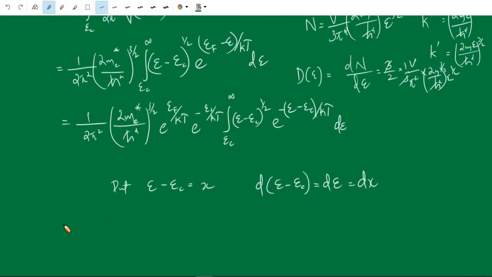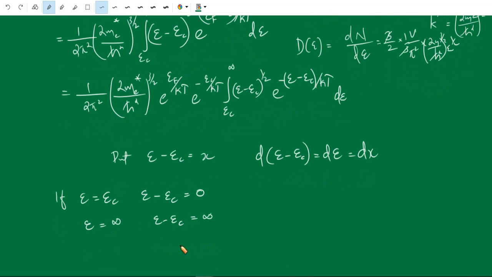If E equal to EC, lower limit, then E minus EC is equal to 0, and if E is infinity, then E minus EC is also infinity, because EC is a finite quantity, small compared to infinity.